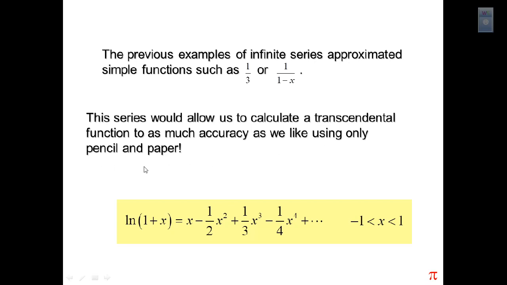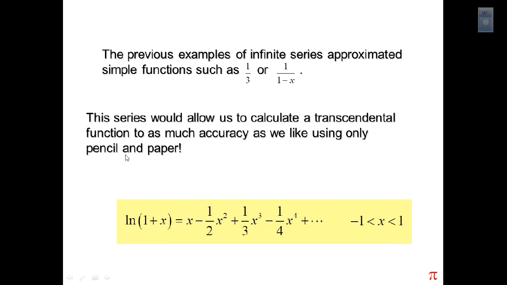If you're not familiar with what a transcendental function is, a transcendental function is the natural log, the common log, the exponential functions, things like that. Pi is not a transcendental function, sorry, scratch that. e to the x is a transcendental function, not just e. e is just a number. Natural log, any base log function is a transcendental function.